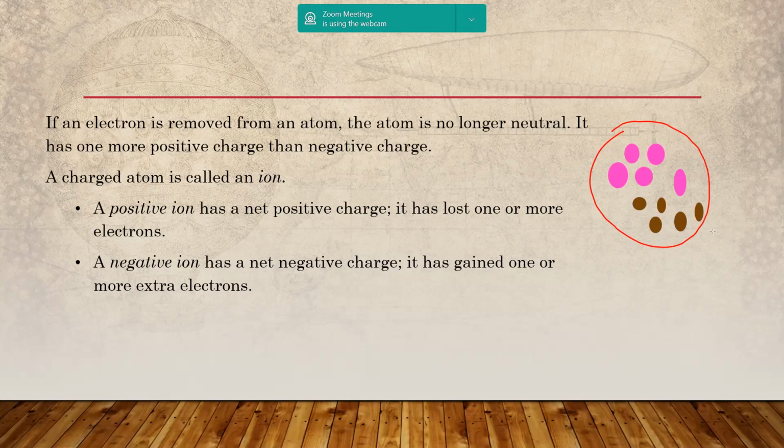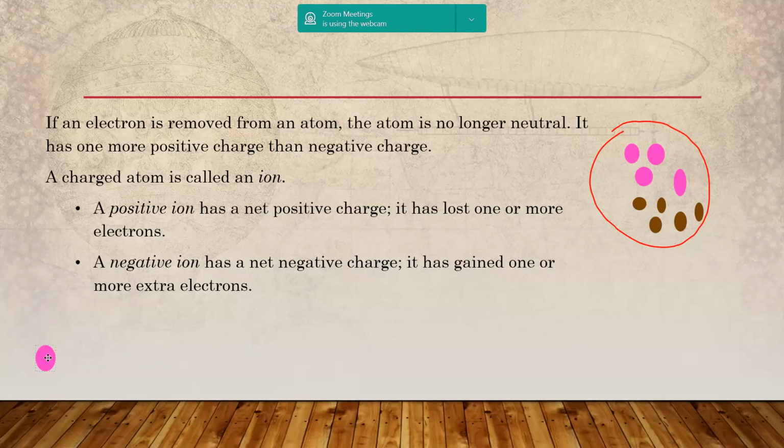We also have neutrons, but I will not draw them here. Here we have the same number of protons and the same number of electrons. Now, imagine that you remove 1 proton. How many electrons do you have here? You have 5 electrons and 4 protons. Is it right? Yes.